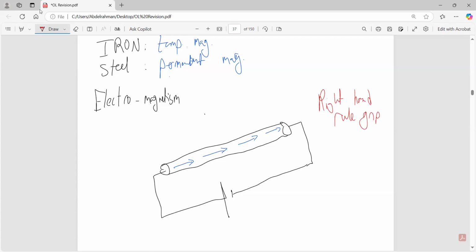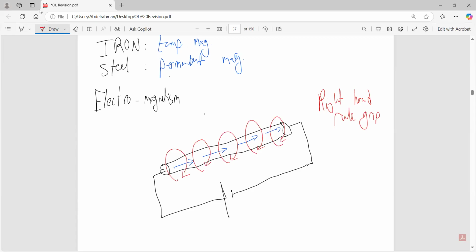Therefore, if you close your grip, the direction of the magnetic field would be somewhat in this direction. It's a circular magnetic field around the wire.